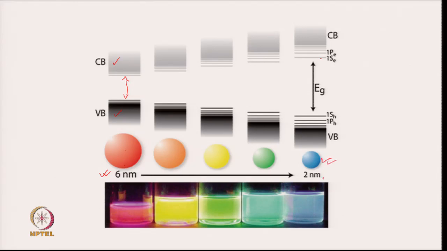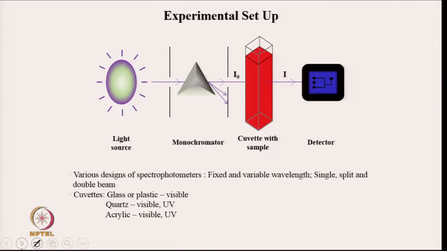If quantum dot size is big, then energy gap is small and lambda is high. When the quantum dot size is small, then energy gap is larger and lambda is smaller. So, this is the way we explain the color of nanocrystals.